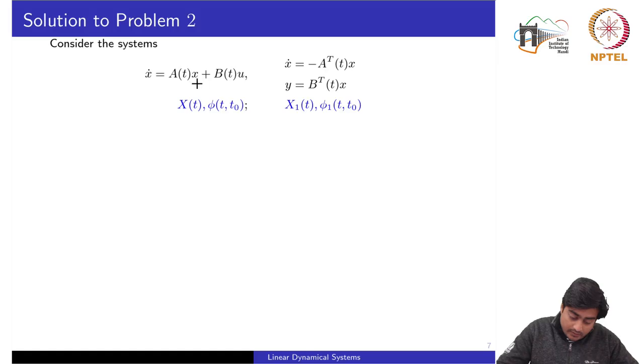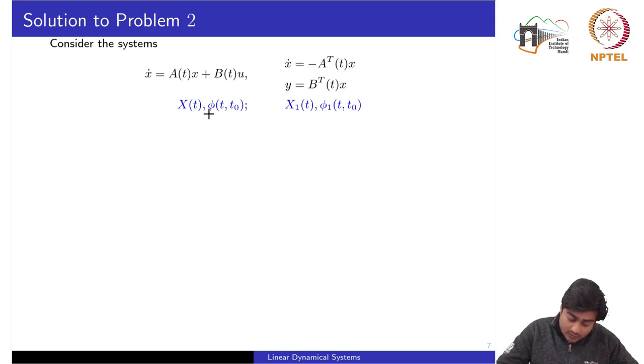We have deliberately written these state space equations in these forms because we will investigate the controllability of the first system, and for investigating controllability we only need the A, B pair. For observability we only need the state matrix and the output matrix, so we have not considered any input term here.